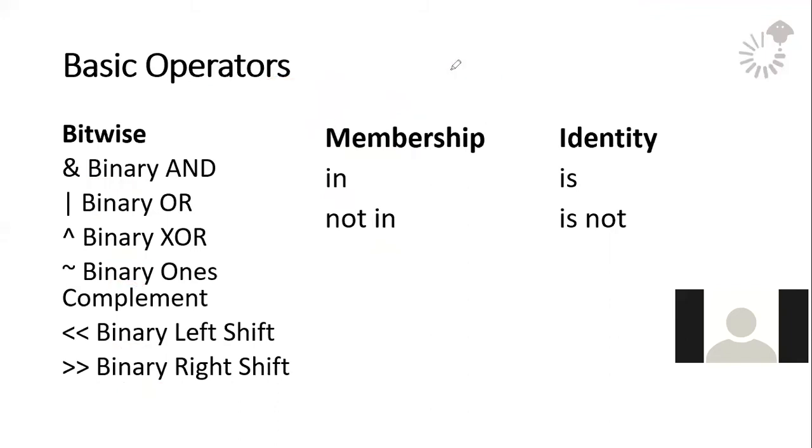Now for identity, we have is and is not. We use identity operations to check the type of an object. Like if x is equals to 3, is x an integer?